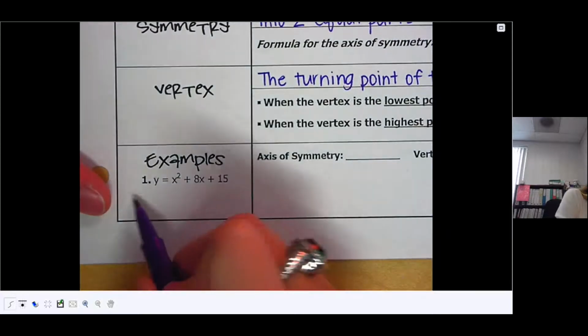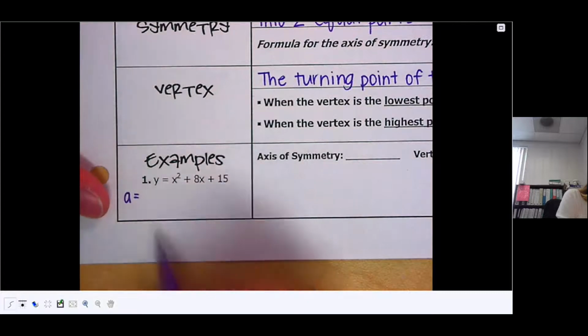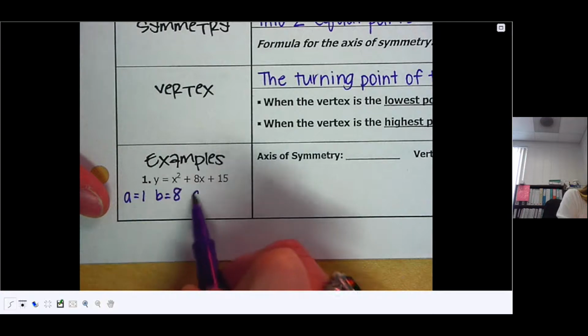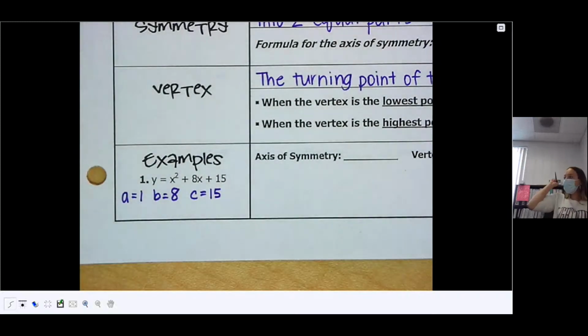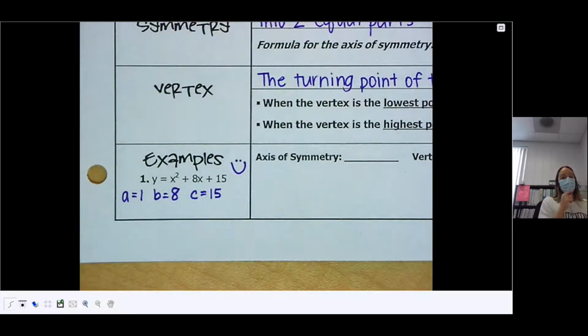What is your A value? It's a 1, so it's the number in front. What's your B value? 8. And what's your C value? 15. Now, since your A is positive, is this going to be a happy graph or a sad graph? Happy. So I'm going to put a smiley face. It's a happy graph. All right.